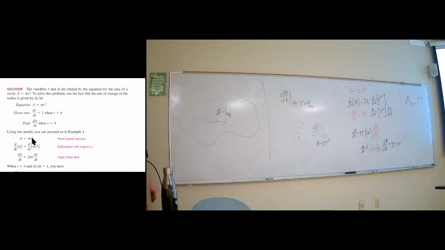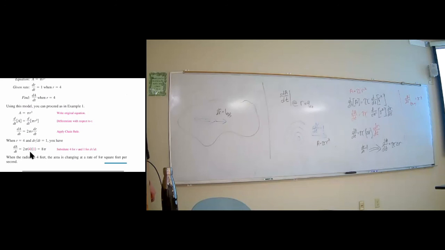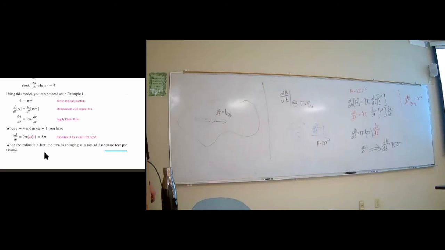Cool. We know that area is equal to pi r squared. Differentiate both sides with respect to time. We get the change in area with respect to time is equal to 2 pi r dr/dt. Well, dr/dt we know is 1. And we're solving for when r is equal to 4. So plugging all of that in, you're going to get 8 pi. Bada bing, bada boom. That's it.